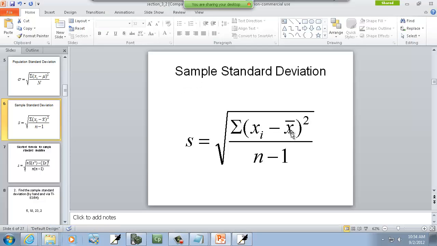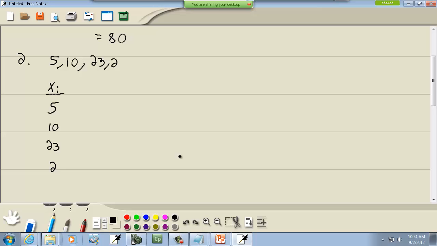Now we need x bar, so I'm going to add these together, and just so I don't have any screw ups in my example here, I'm going to do this 5 plus 10 plus 23 plus 2. That gives us 40.